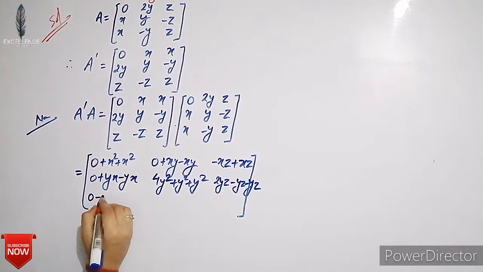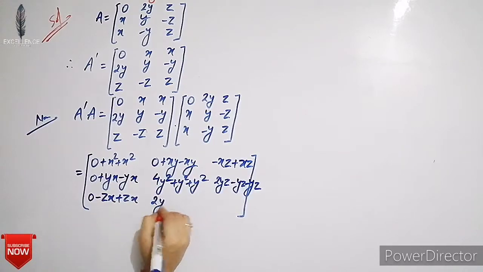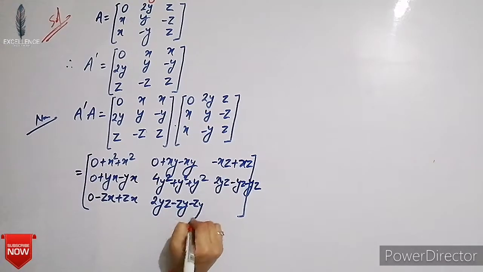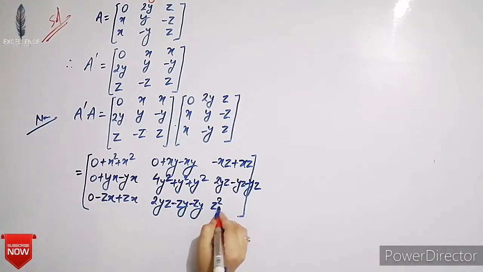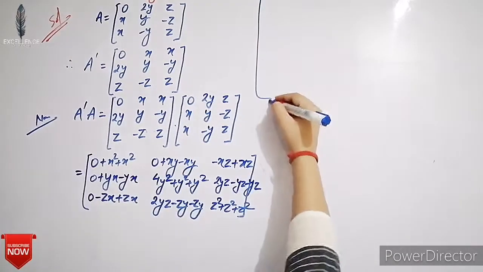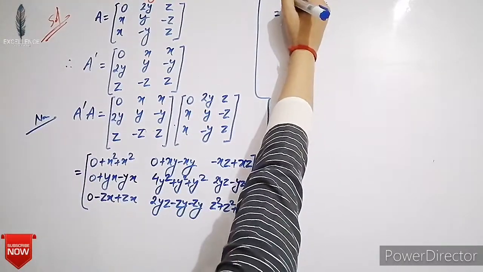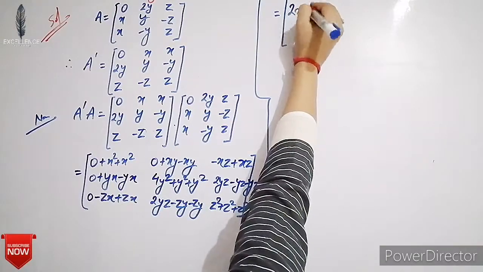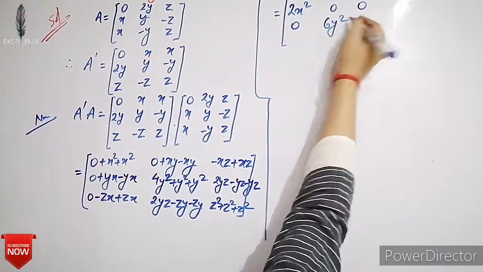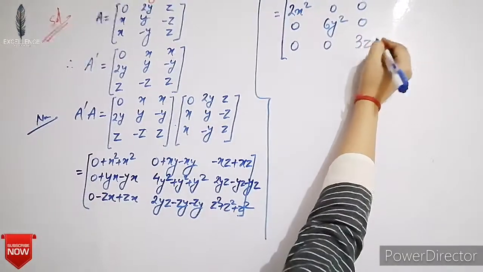Now third by first column, that is 0 minus zx plus zx, and here 2yz minus zy minus zy, and last is z square plus z square plus z square. On simplifying it, we have 2x square 0 0, 0 6y square 0, here zx cancels, 0 0 3z square.